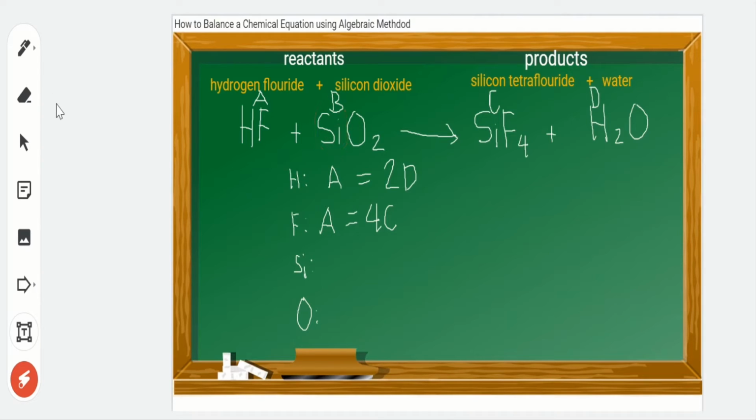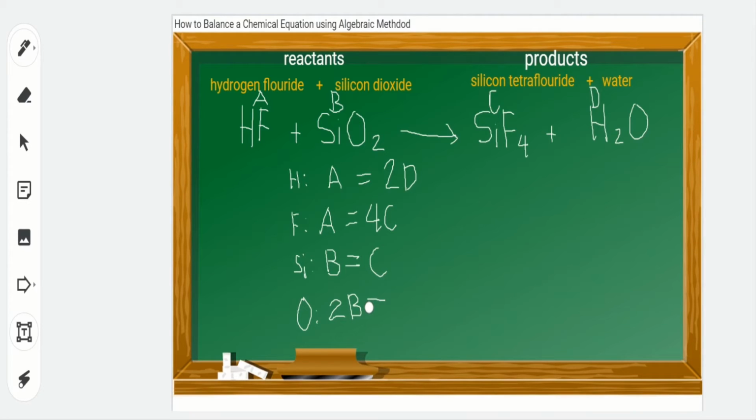Okay, sa silicon naman, nandito siya. It's B. So, isa lang din. So, susulat lang natin yung B. Silicon, which is represented by B, is equal to, tingnan natin dito sa ating product side, ito siya, C. So, B is equal to C. And of course, for our oxygen, meron tayo ditong subscript na 2, so ibig sabihin, 2B. 2B, for the reactant side to.